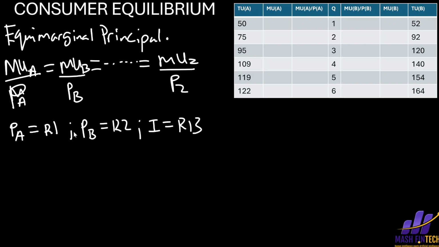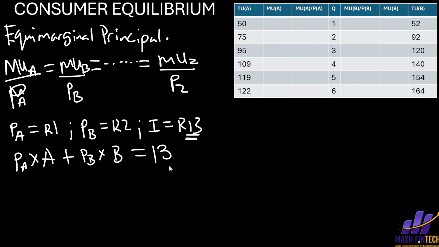Okay, so to get the total that you spend, if you're spending 13 rand, you have to multiply the price of the apple times the quantity of apples, which I'll represent by A, plus the price of bananas times the quantity of bananas. This must equal the money you have. You are constrained by the 13 rand, so whatever combination you get must not exceed 13 rand.